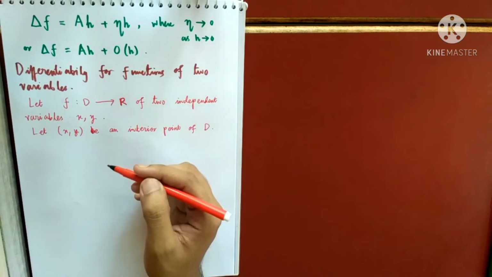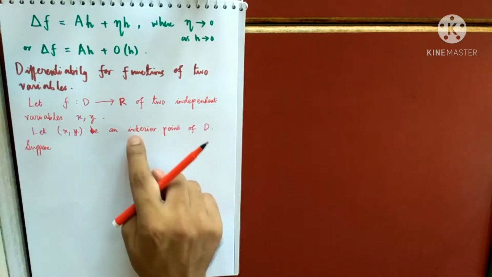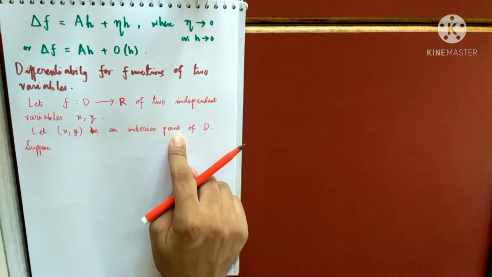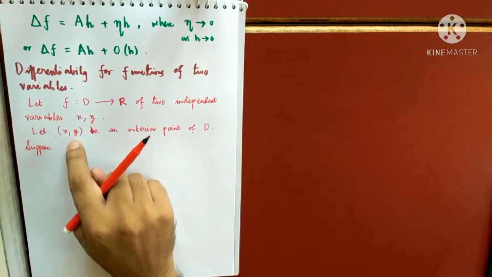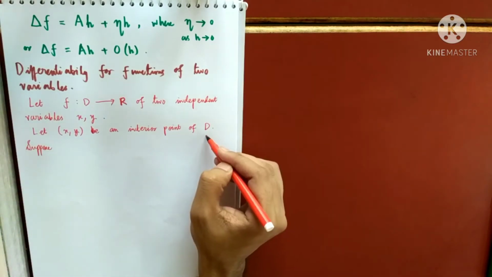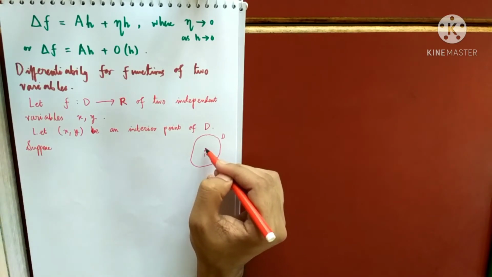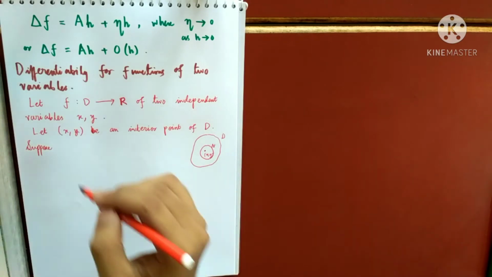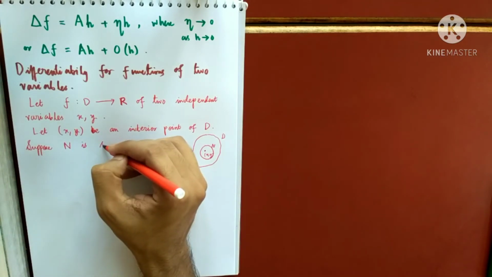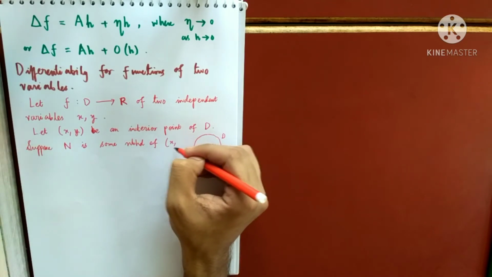Because this is an interior point of D, by the definition of an interior point, there will exist some neighborhood containing this point inside D. So suppose N is some neighborhood of the point x comma y.